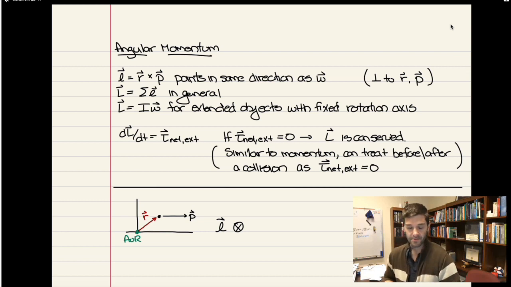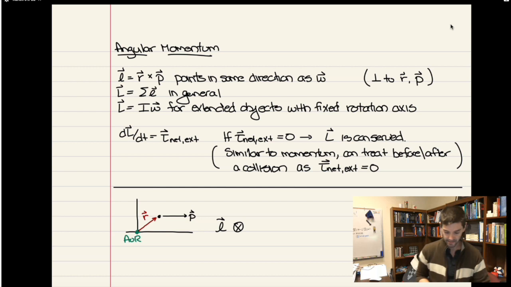We can define the total momentum of the system similarly by adding up all the individual momentums of the particles. In cases where all the particles are arranged in some sort of extended object, a solid sphere, a disk, a cylinder, or a pulley, where we have pre-calculated rotational inertias, for example, we can write down the total angular momentum of the system as just I times omega, which matches the analogy we had before where the momentum was m times v.